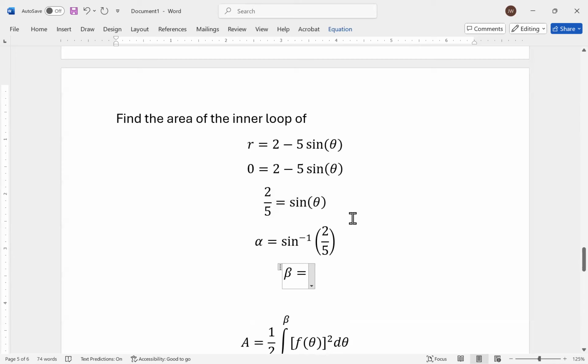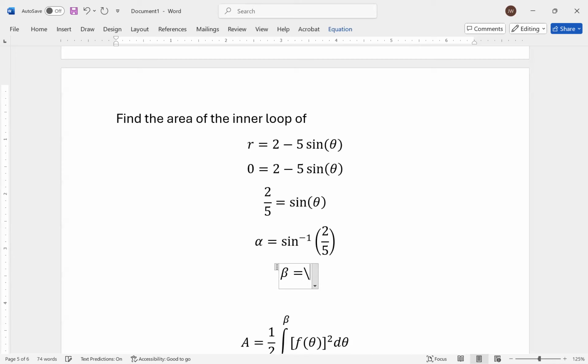How I would end up with this, I'd take 2 pi minus that number. Or I'm sorry, pi minus that number. Excuse me, not 2 pi. Pi minus that number.